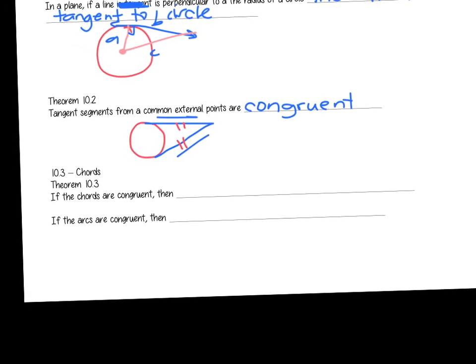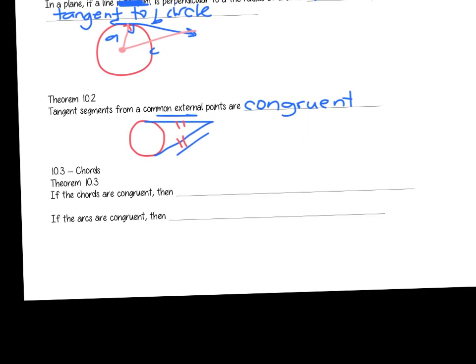And then 10.3 started chords. This theorem is about the arcs. If the chords are congruent, then the arcs are congruent. And if the arcs are congruent, then the chords are congruent.